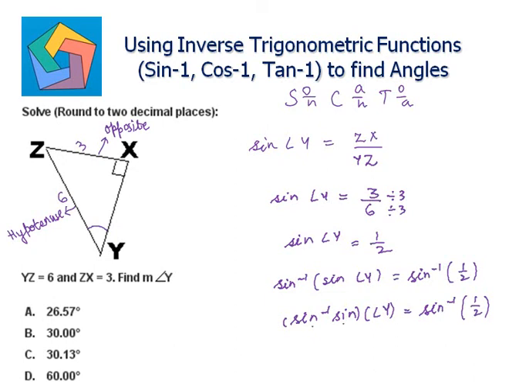Sine and sine inverse are inverses of each other, so they cancel, and what remains is angle Y only, and sine inverse 1 by 2 becomes 30 degrees. So angle Y is 30 degrees. So B, 30 degrees, is the answer.